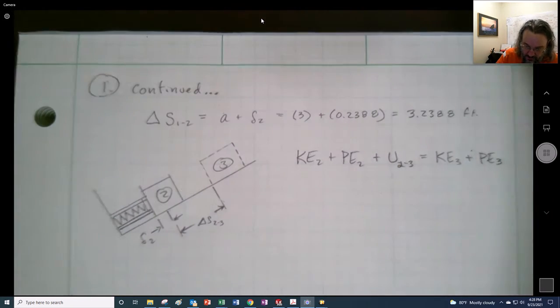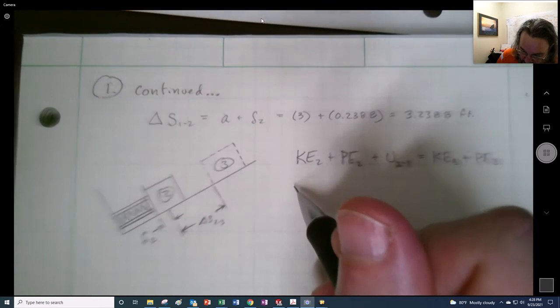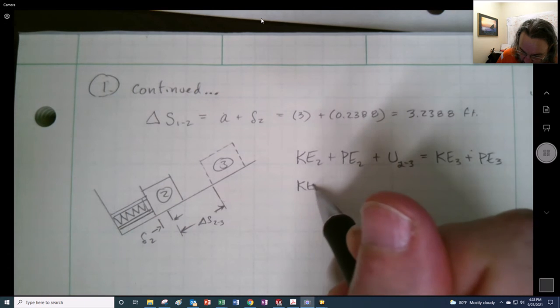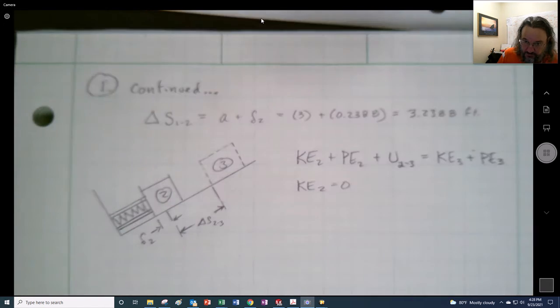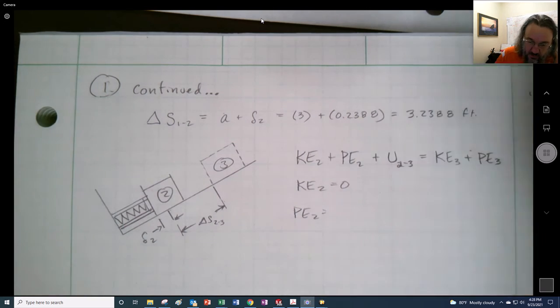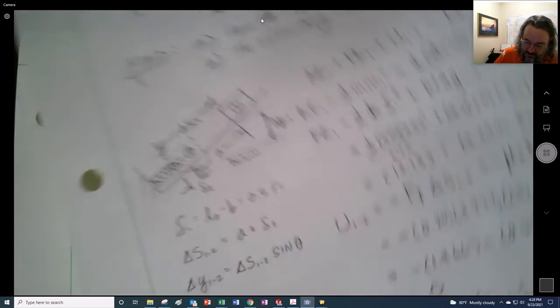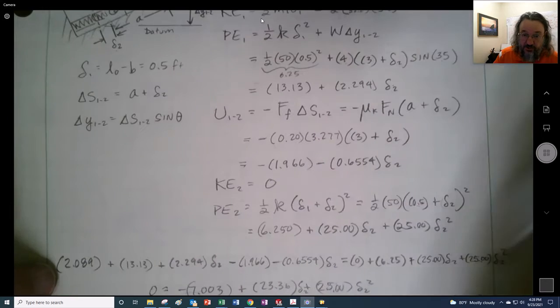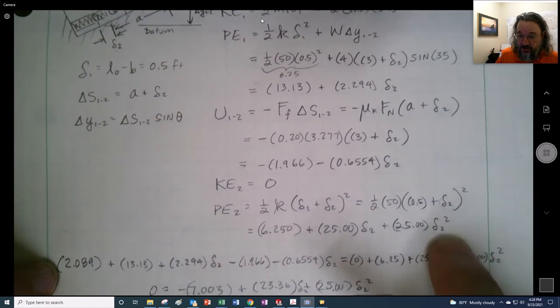Okay, so KE2 is equal to 0. PE2 was stuff we kind of wrote out, but we don't have a value for it, right? So we have this equation we can put in our del 2 for it.